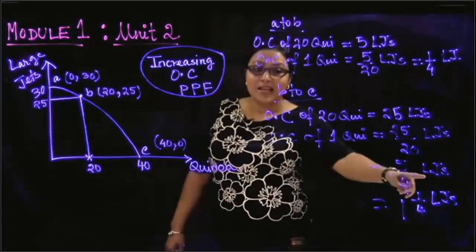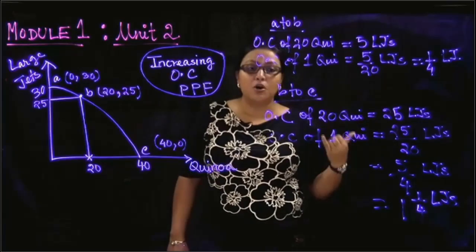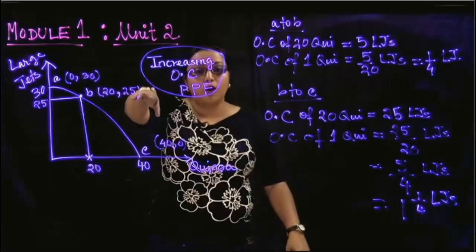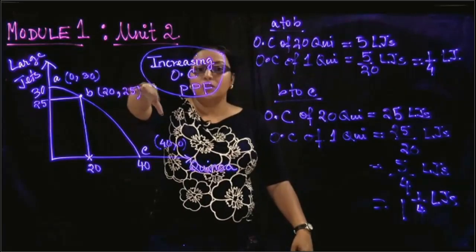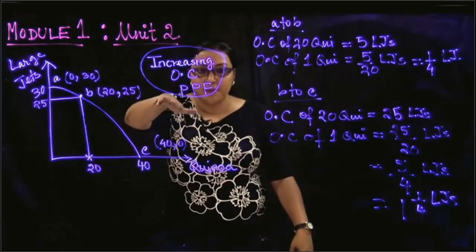So you can see that the other rule, that the opportunity cost of one commodity is the reciprocal of the other, still holds for the bowed out PPF, right? So the bowed out PPF is an increasing opportunity cost PPF.